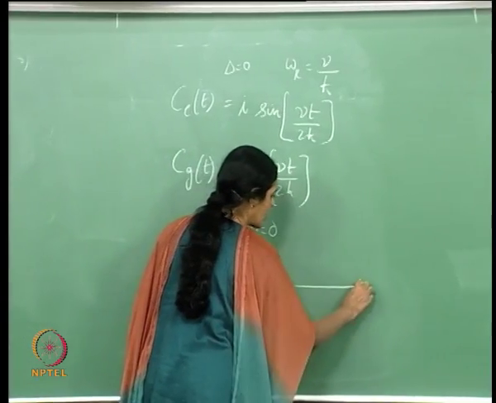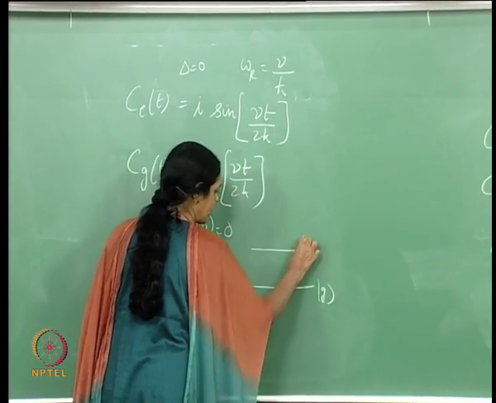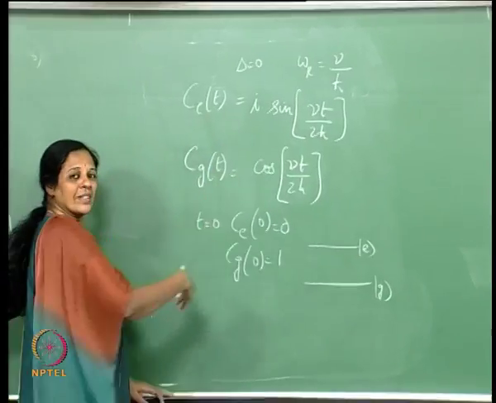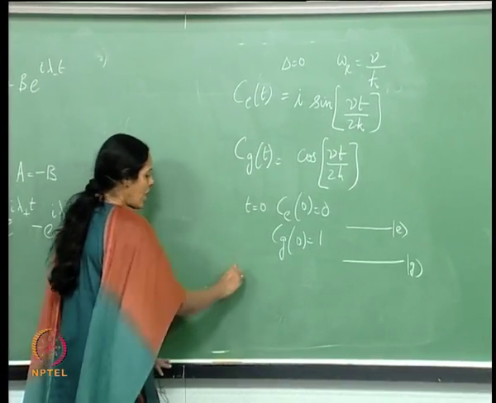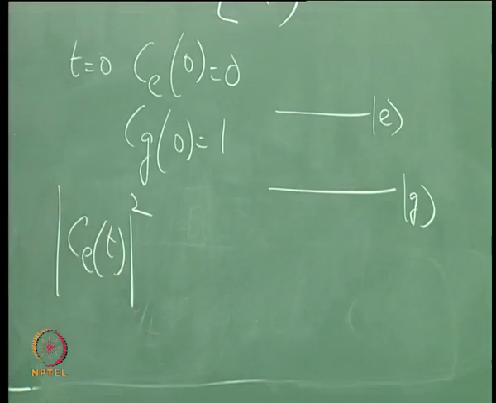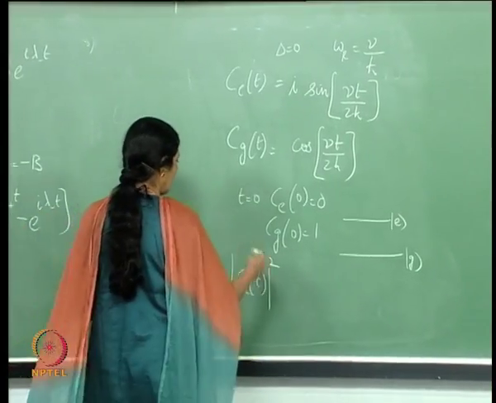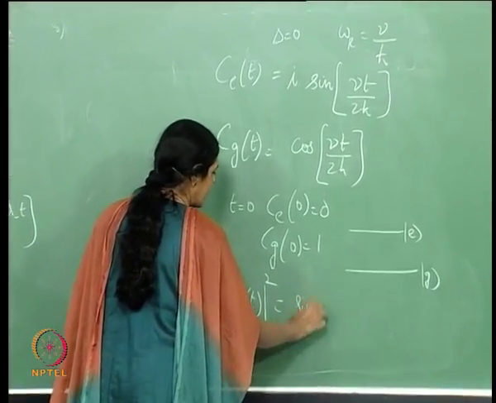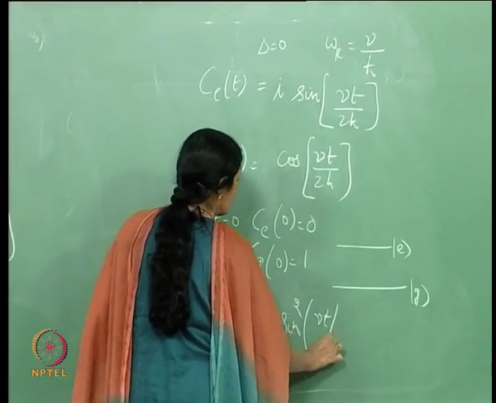So the population was completely in the ground state at time t equals 0 and then it oscillates sinusoidally, because I can now ask what is the probability that the system is in the excited state at any instant of time. Well, that is sine squared nu t by 2h cross.